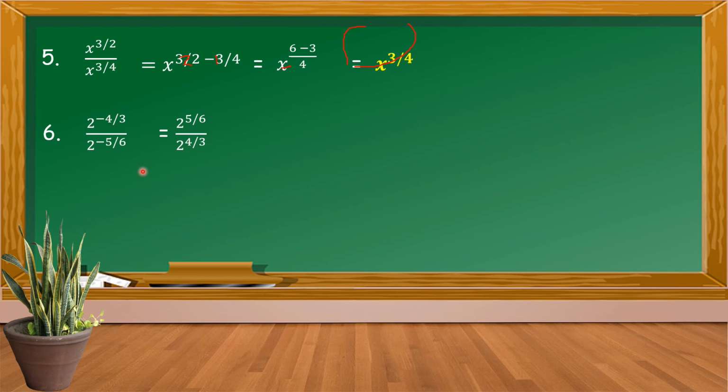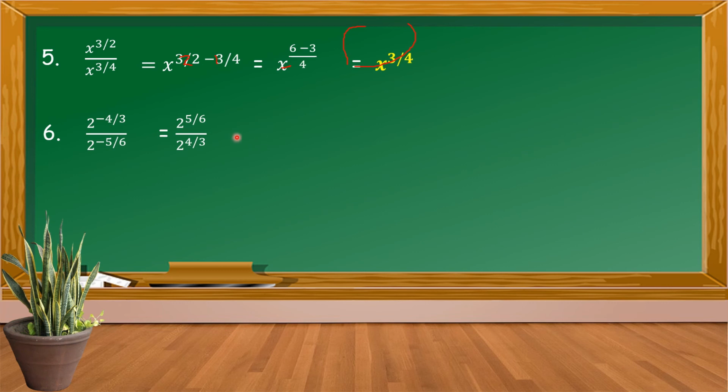That would be 2 raised to the power of 5/6 over 2 raised to the power of 4/3. Still, we are in the quotient rule where our base is 2 and our exponents are fractions, but they are dissimilar fractions.